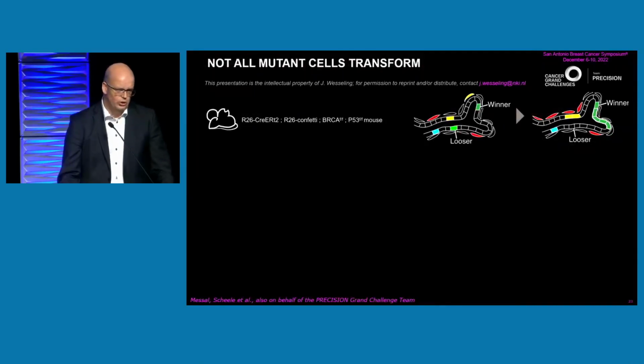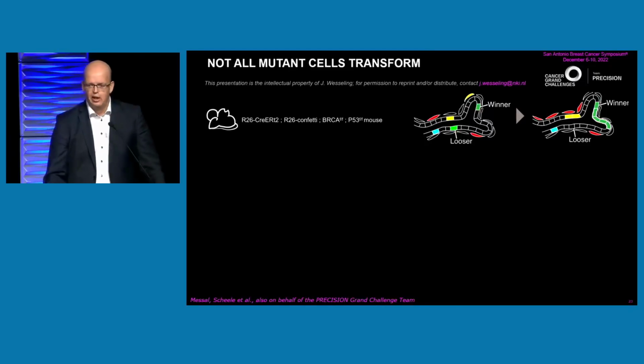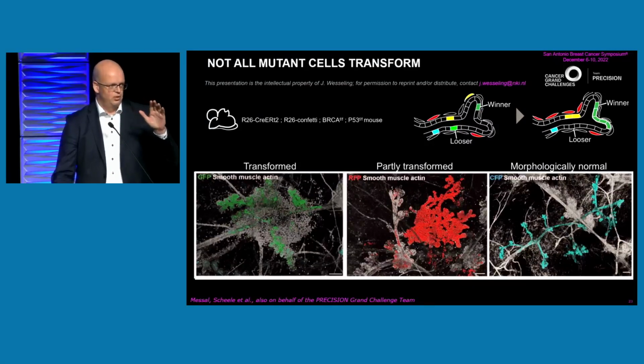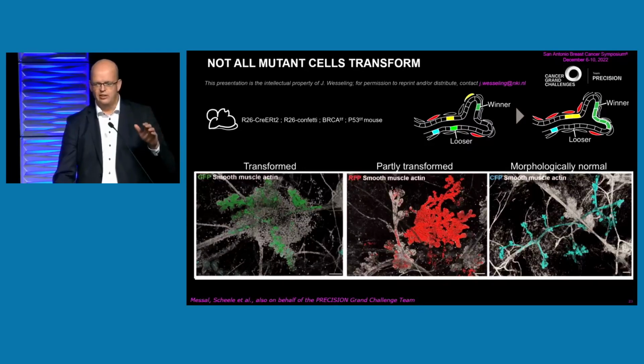And it's also something that you see in mouse models that are deficient or mutated for BRCA1 and P53, where you see that these cells are all deficient for BRCA1 and P53, but not necessarily transformed to invasive breast cancer in this case.